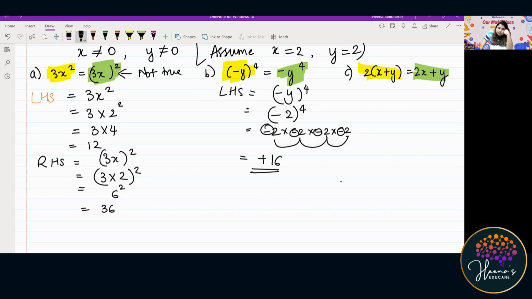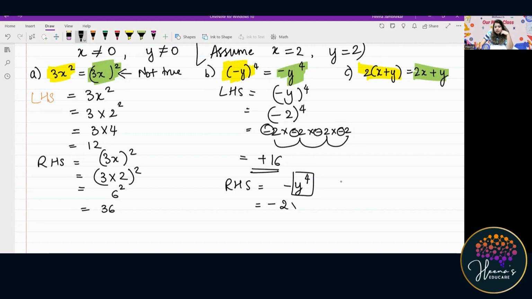Let's move on to the next, the RHS side now. RHS is minus y raised to 4. In this case, what they are trying to say is that the minus is here and it is y raised to 4. Okay. So when I do y raised to 4, what is y?